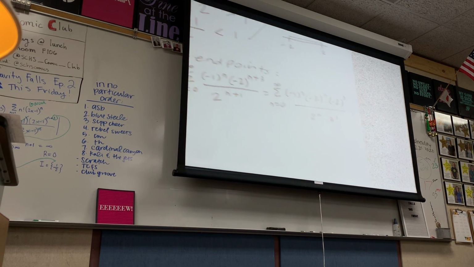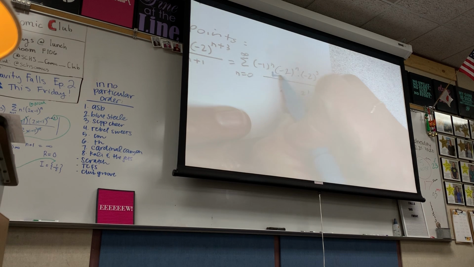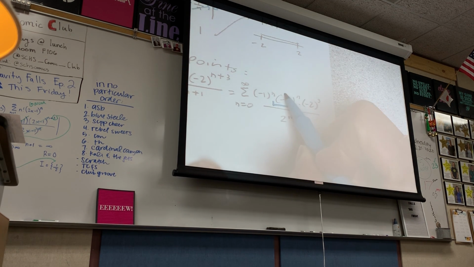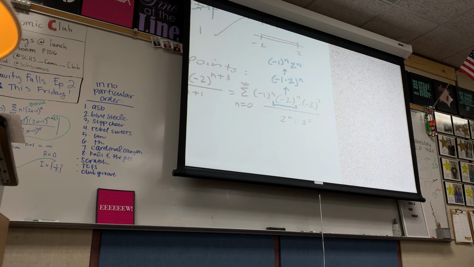And then this right here is -1 times 2, which can be written as -1 to the n, 2 to the n. That's helpful because what cancels on top and bottom?